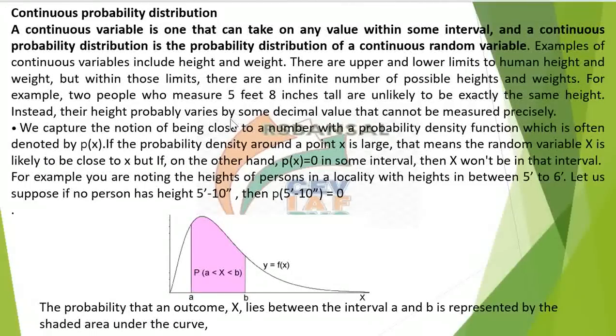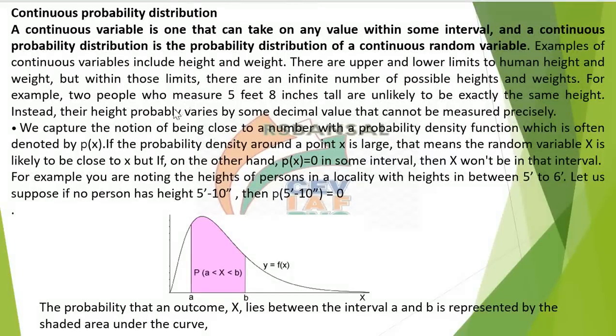Let us suppose there are upper and lower limits for human height and weight, but within those limits there are infinite possible heights and weights. For example, two people may have the same height, 5 feet 8 inch, but it is unlikely that their weight is also the same. Their weight probably varies by some decimal and cannot be measured precisely.